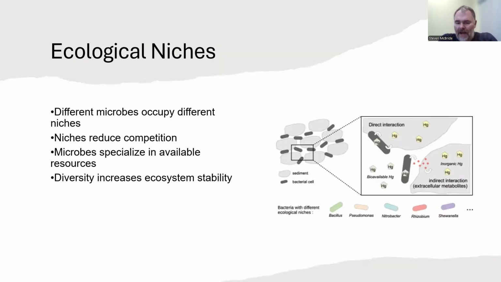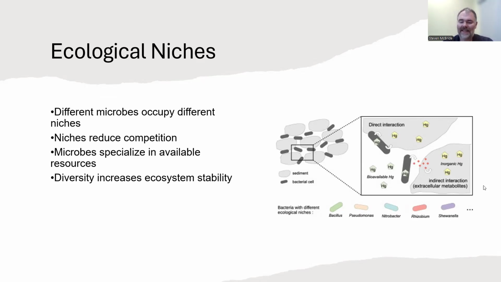Different microbes occupy different ecological niches. A niche refers to the role an organism plays in an environment, including the resources it uses and the conditions it tolerates. Some microbes specialize in breaking down cellulose, others metabolize methane. Some thrive only at high temperatures or high salt concentrations.